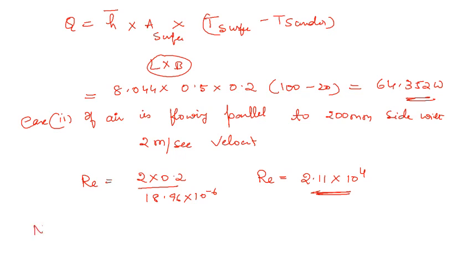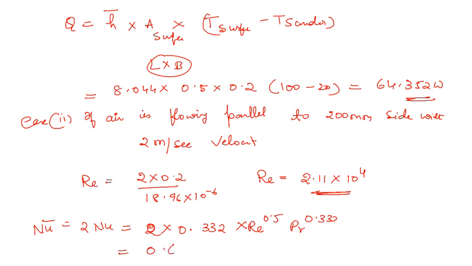To find the average Nusselt number, we use the same relation: Nu equal to 2 into 0.332 into Reynolds to the power 0.5, Prandtl to the power 0.33. That is 0.664 into Reynolds number 2.11 into 10 to the power 4, to the power 0.5, and Prandtl number 0.696 to the power 0.33.